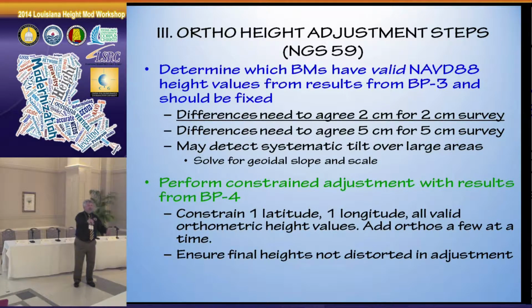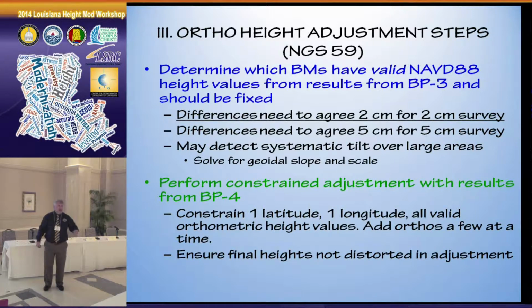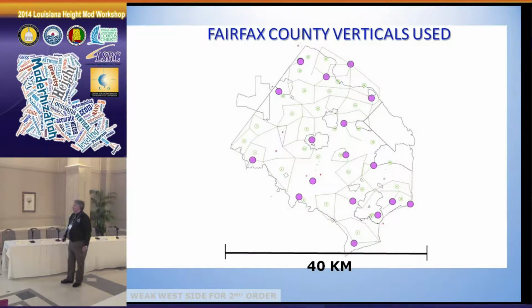Okay, add 2 more. Add 2 more. Whoa, something happened. So then you can go back and look at it. All right, guys, add them a couple at a time. Ensure that they do not distort the horizontal adjustment when you add them. The horizontal will follow this automatically.